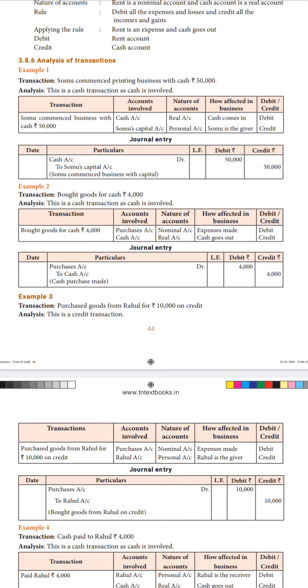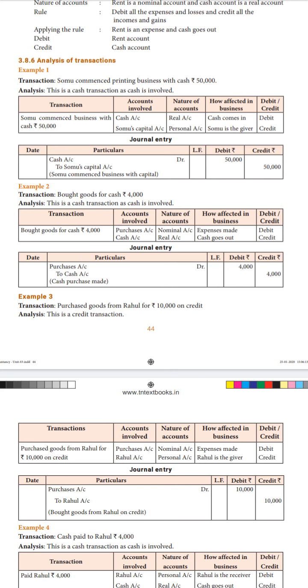Cash account is a real account because it is a belonging to the business. We first check whether the cash is going out or coming in. Logically, when we purchase any product we give cash, which means your cash is going out. So you have to credit the cash account.